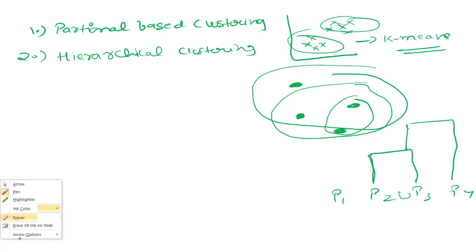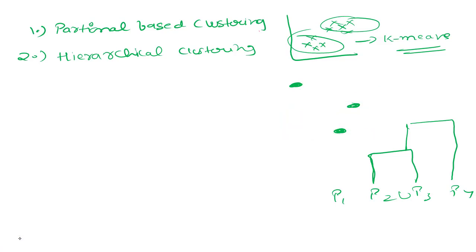After that you will end up with a dendrogram, which you can see over here. Now we have a large cluster, and we are done. This is called the traditional dendrogram.